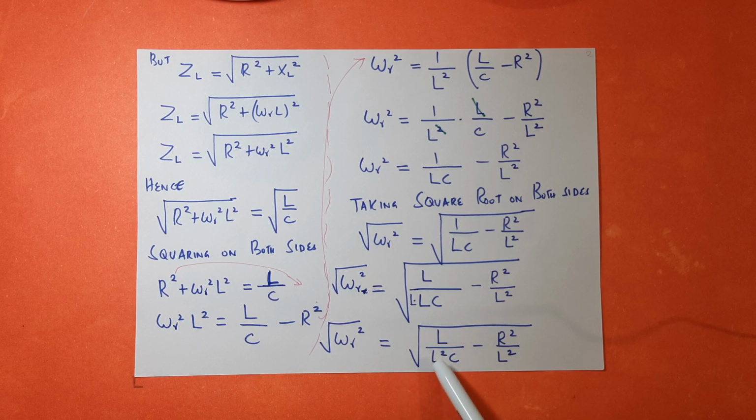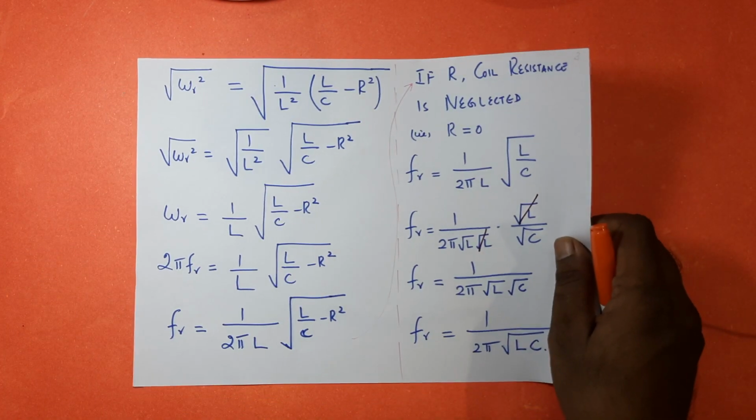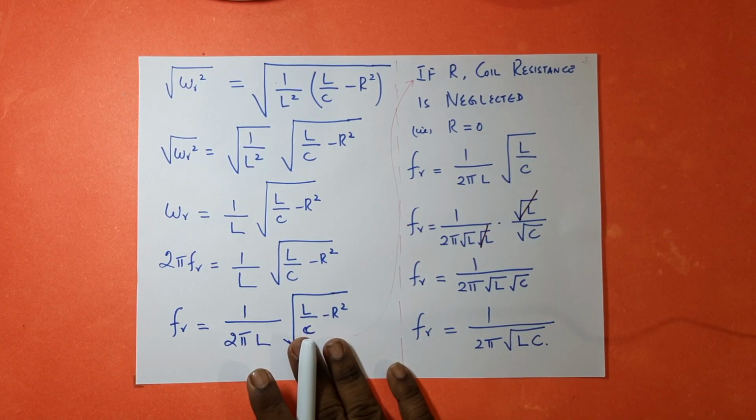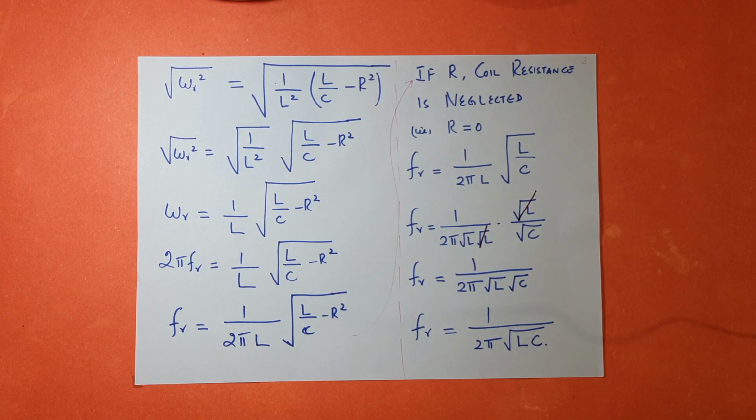Now this 1 by L square, you take it outside. So if you take 1 by L square outside, you get square root of omega square equals square root of 1 by L square multiplied by L by C minus R square.